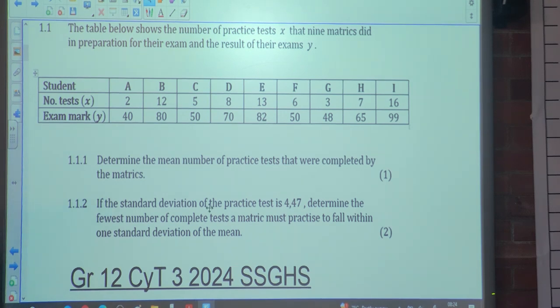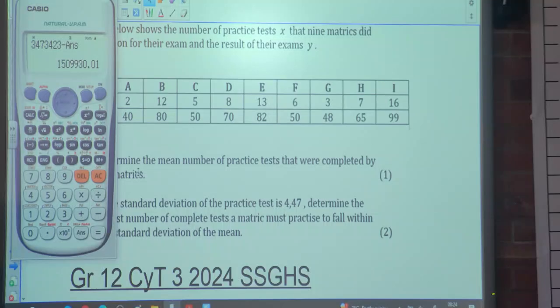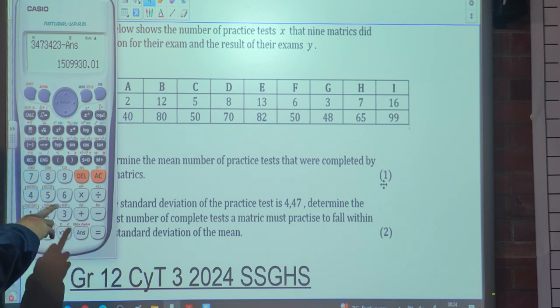So the question says determine the mean number of practice tests that were completed by the matrics. Okay, so how do we work this out? For the practice tests, we add them all up and we divide it by how many people there are, which is 9, correct?